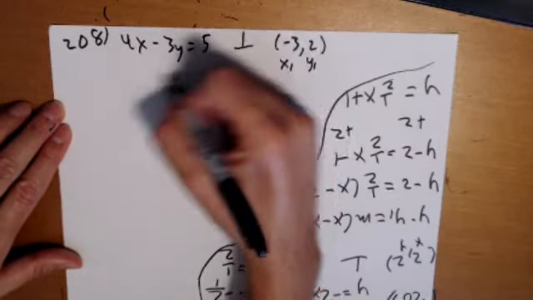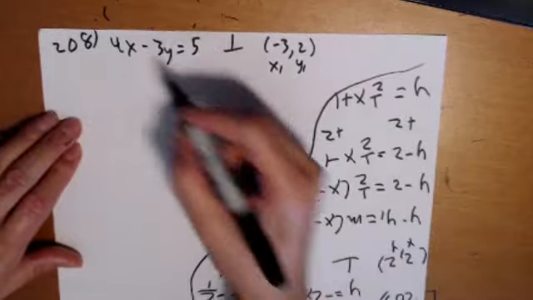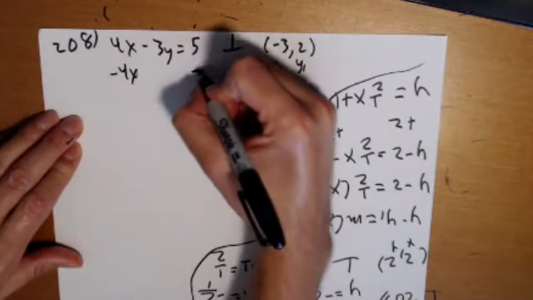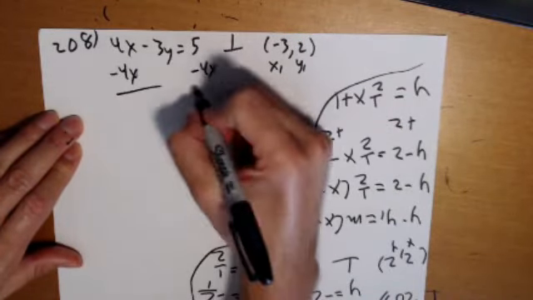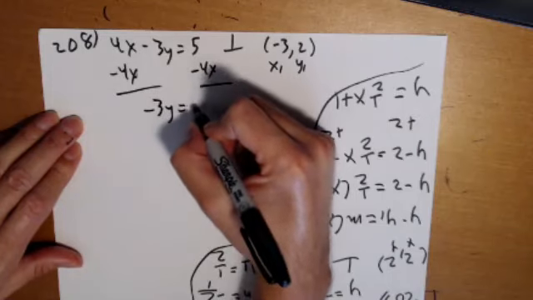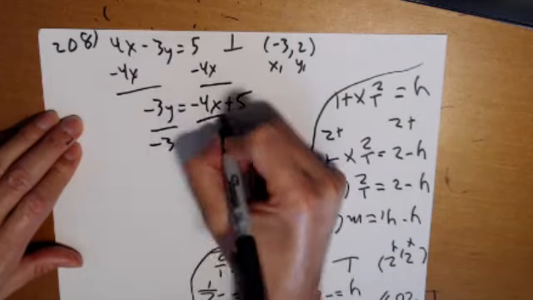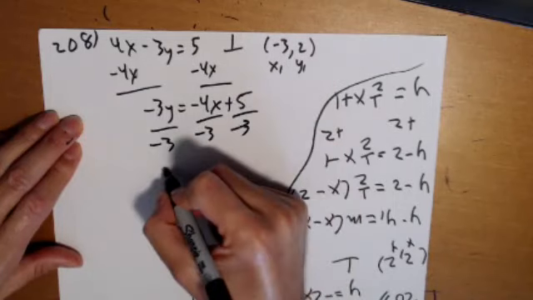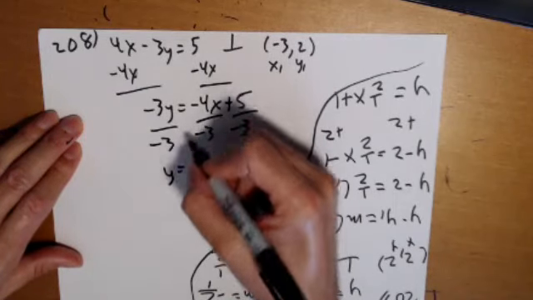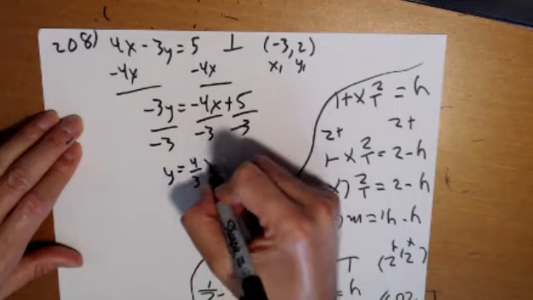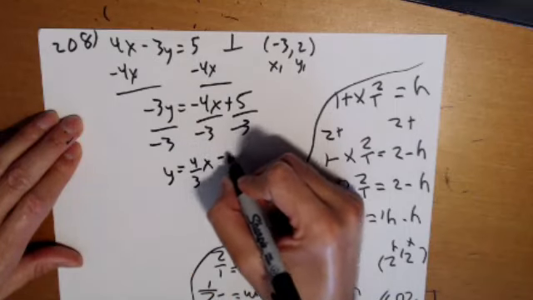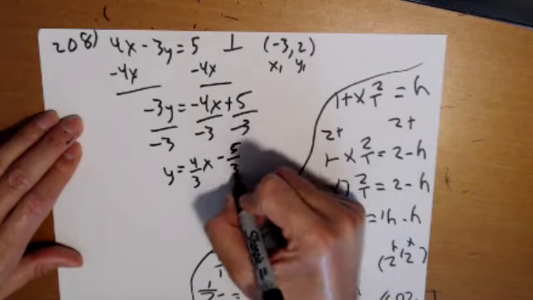I need to put this into y equals mx plus b form. So let me subtract 4x, subtract 4x. Negative 3y is equal to negative 4x plus 5. Divide by negative 3, divide by negative 3, divide by negative 3. y is equal to positive 4/3 x minus 5/3.